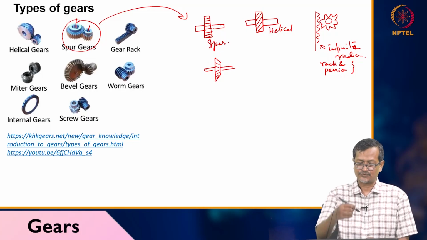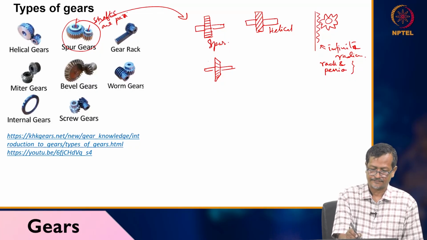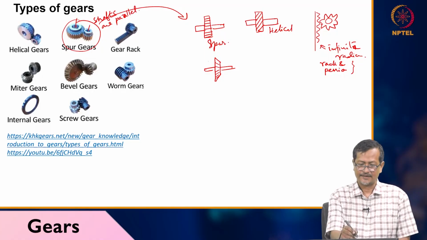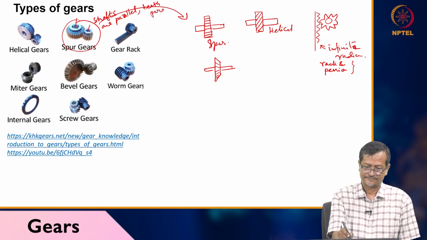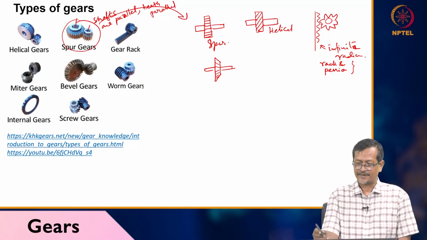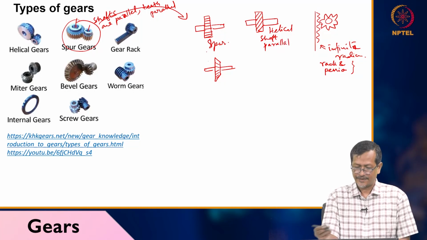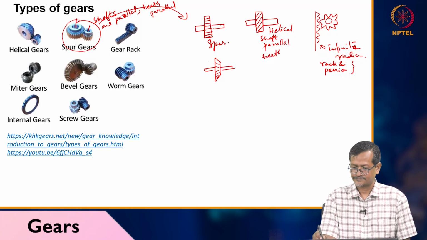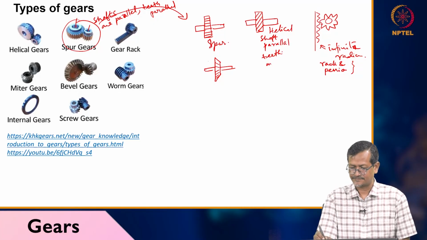If you see spur gear, two shafts are parallel and teeth also parallel. But in helical gear, shafts are parallel and teeth are making an angle with the shaft axis.